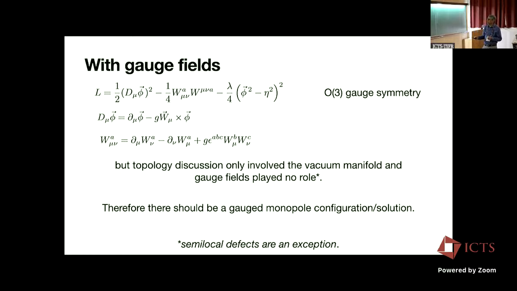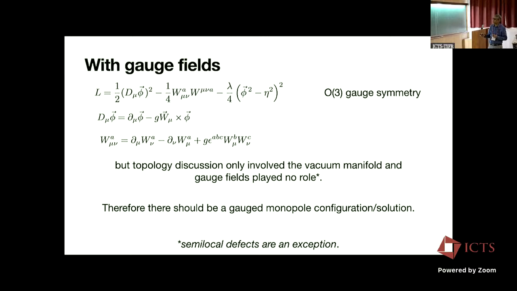I'm not going to go into that here, but there are exceptions, and that's because you'll be minimizing the energy, and we've only been focusing on fields that minimize the potential energy, which means that you are considering fields which are independent of space and then defining your vacuum manifold. But if you start considering fields that are not uniform in space, then you have to worry about the gauge terms as well. Anyway, we can come to that later if you wish.